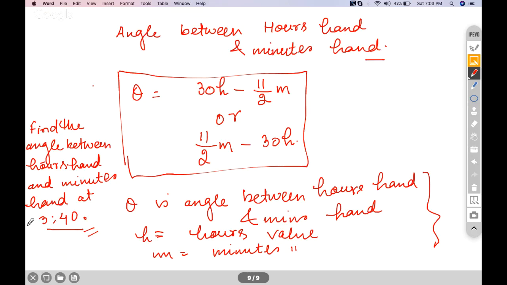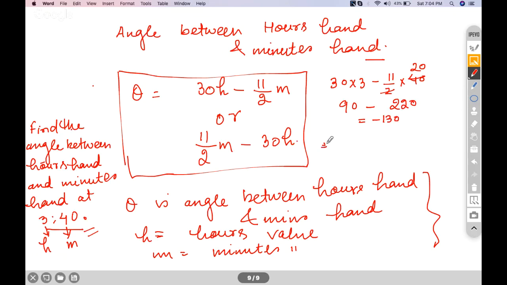Okay, now look here. Value of H is 3, value of M is 40. So if I put here 30 into 3 minus 11 by 2 into 40, this comes out to be 90 minus 220, which is nothing but minus 130.